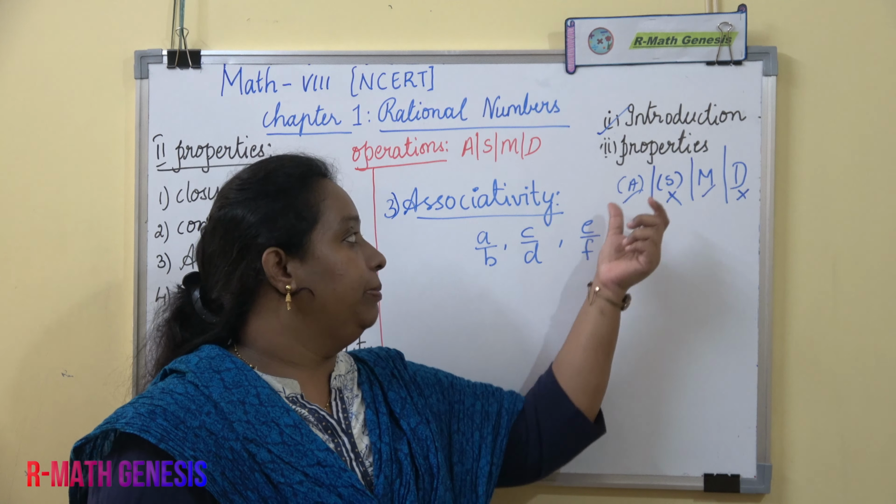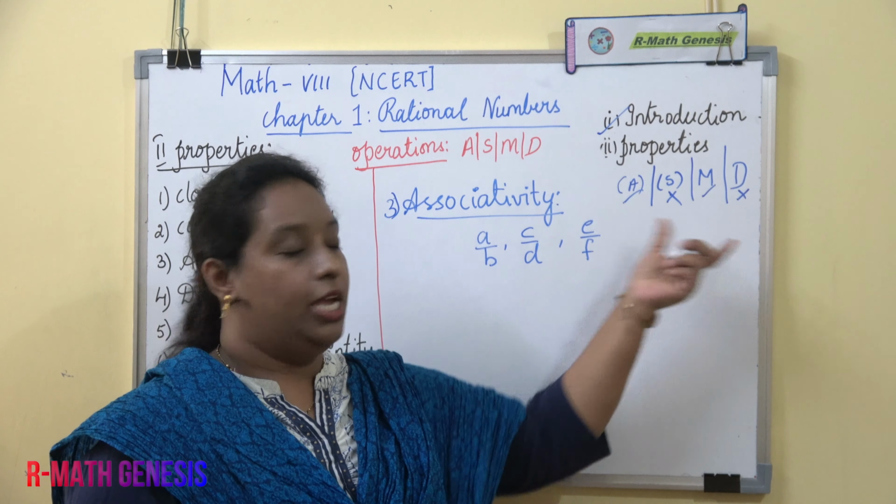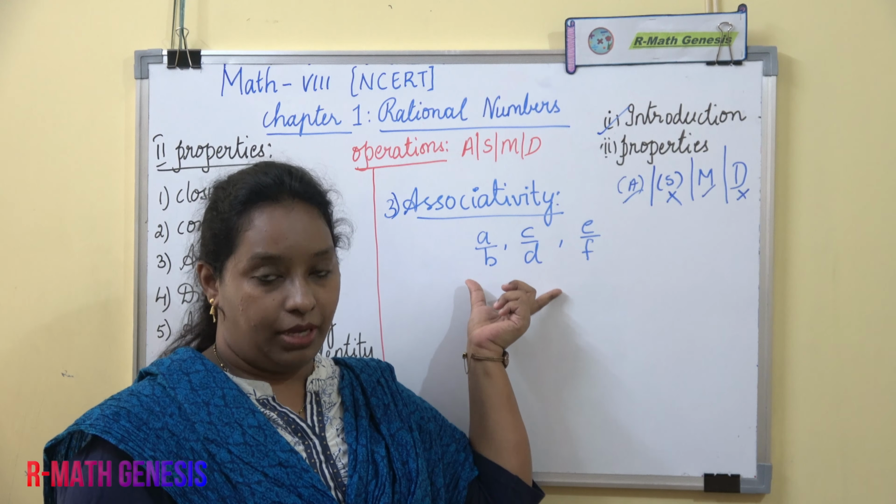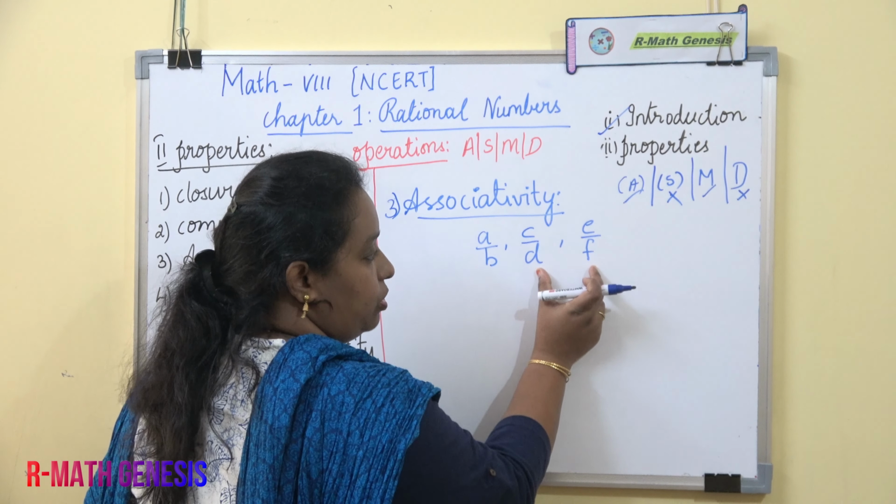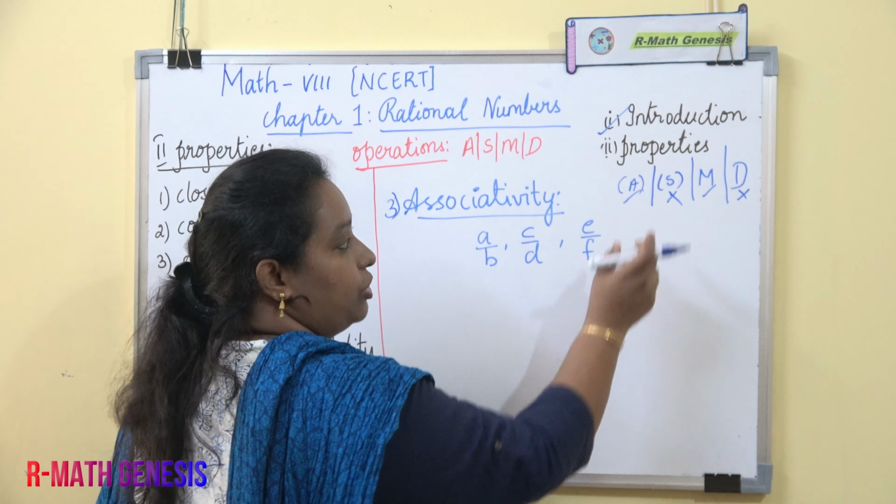Whether it is addition, subtraction, multiplication or division, what matters here is the grouping. First I group these two, then I group the other two, and the answer should be the same.